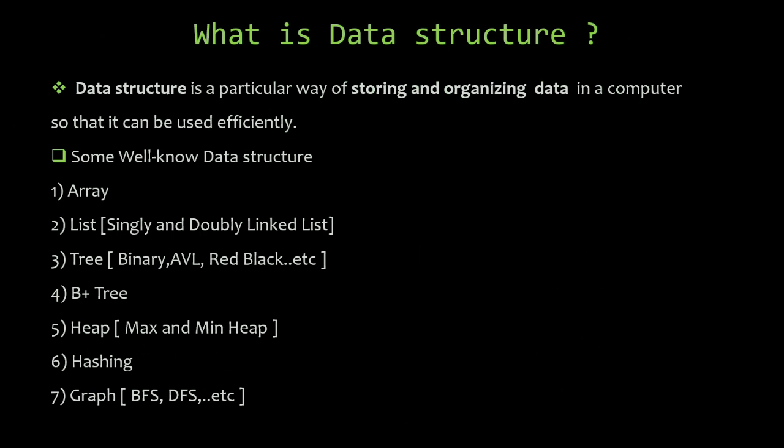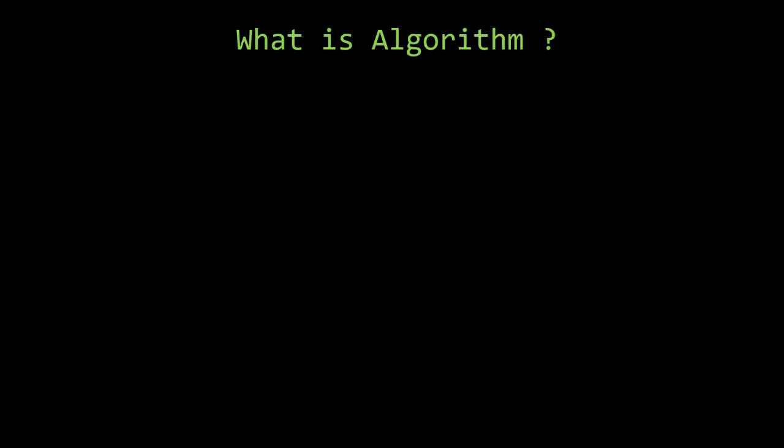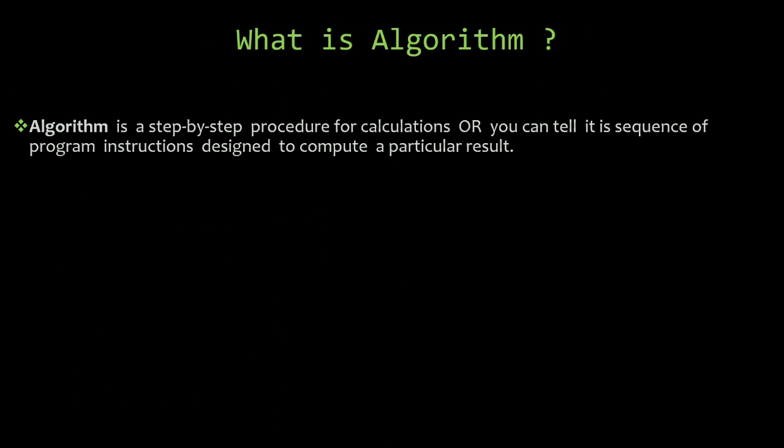Okay. Now what is algorithm? An algorithm is a step-by-step procedure for calculating, or you can say a sequence of program instructions designed to compute a particular result. Let's say you want some result, then for getting that result you have to perform a step-by-step process.